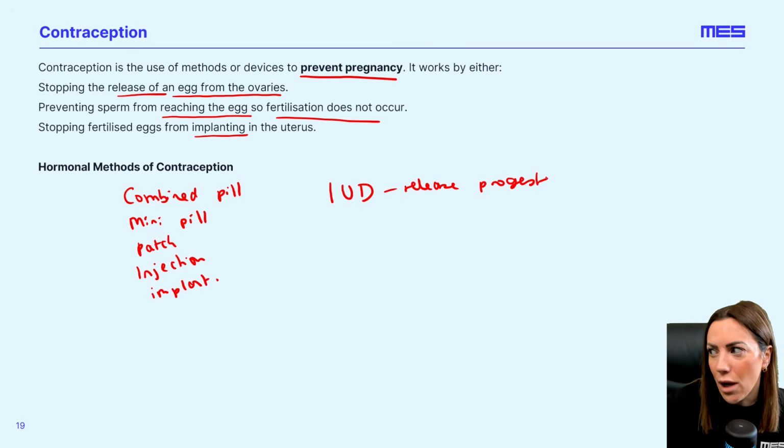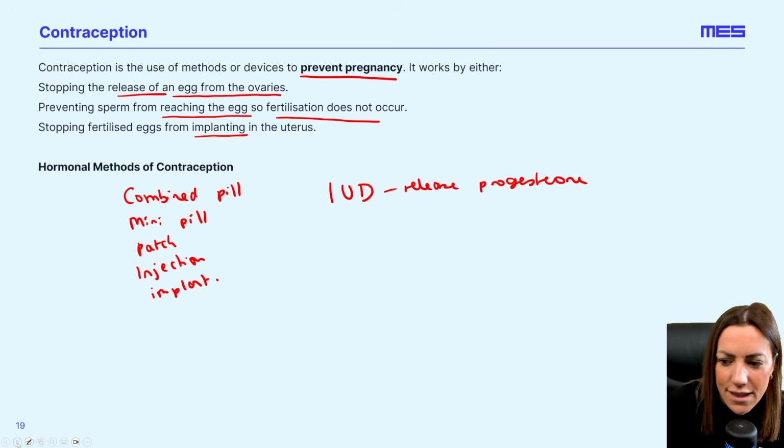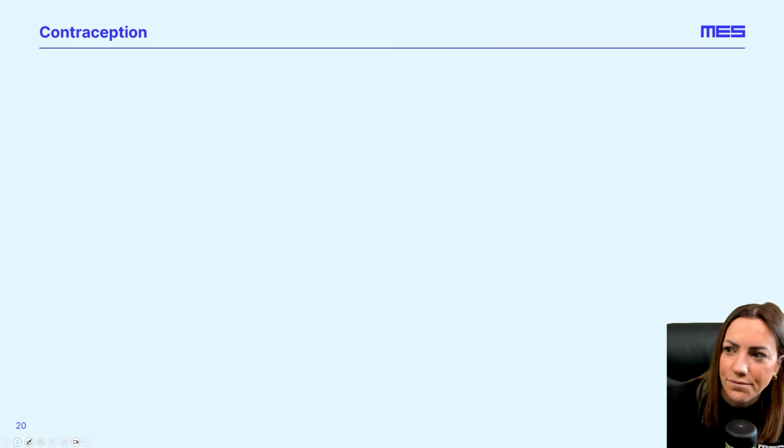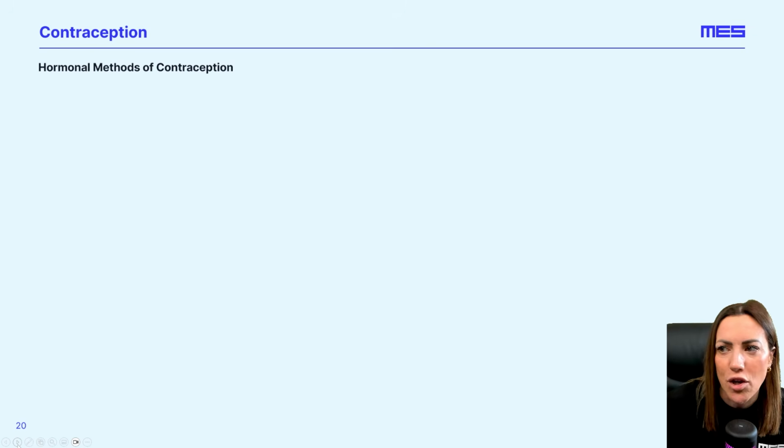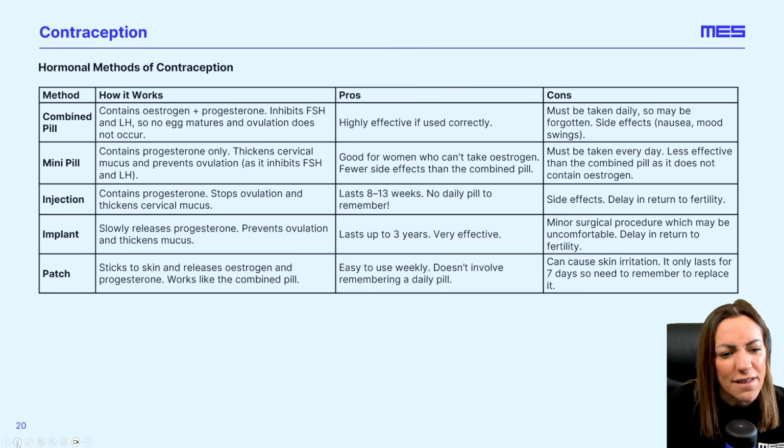Obviously progesterone blocks both FSH and LH, so it would stop eggs maturing and it would prevent ovulation, so there'd be no egg cell for the sperm cell to fertilize. But let's go through these most important ones. And this could kind of come up on your exam as like an evaluate style question, like pros and cons.